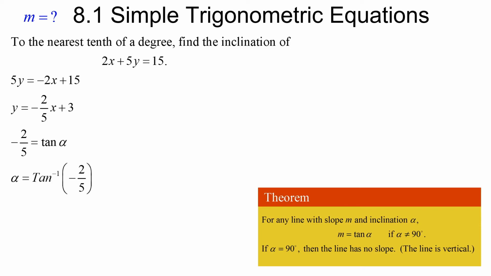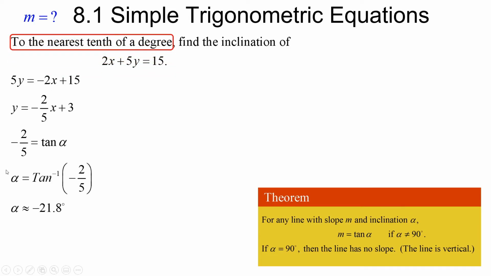I always look at the problem. Oh, to the nearest tenth of a degree. So we're in degree mode right now. So let's just go second tangent of negative 2 divided by 5. And I'm getting approximately negative 21.8 degrees. So alpha is approximately negative 21.8 degrees.